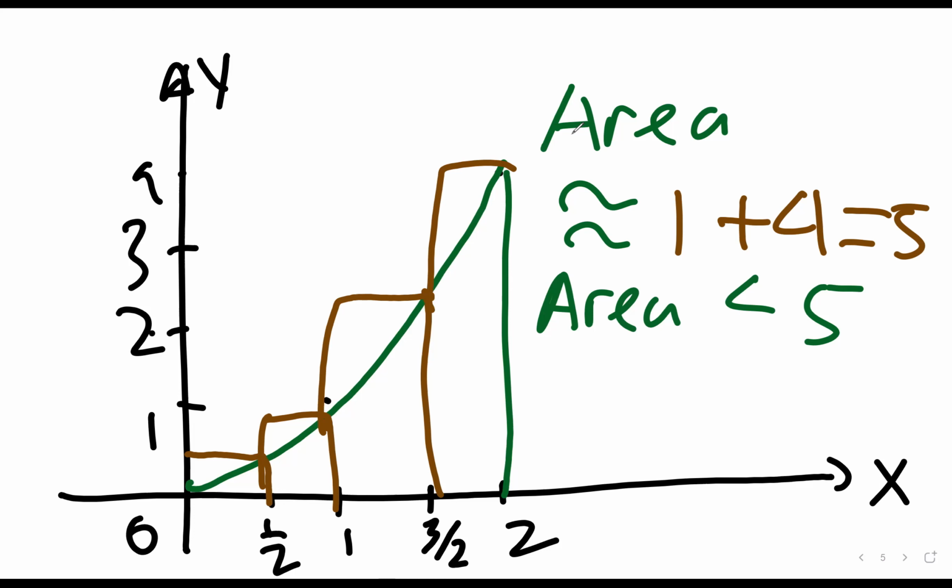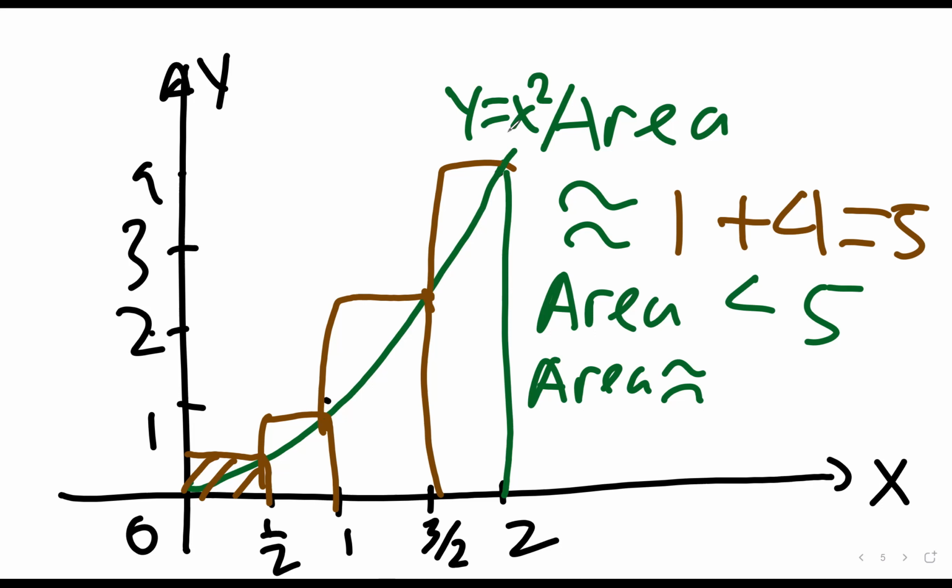So what is the approximation of the area in this case? The area is approximately the sum of the area of 4 rectangles. What is the area of the first rectangle here? Its width is half and its height is a quarter, because the formula of this function is y equals x squared. So if x equals half, y equals a quarter.